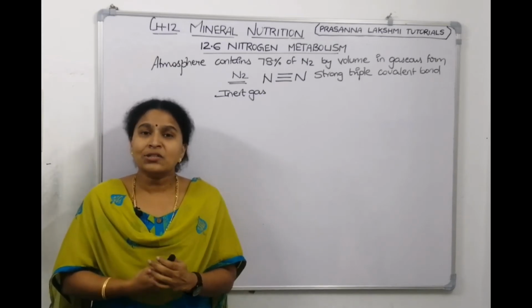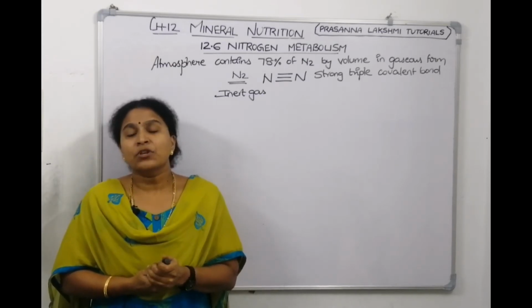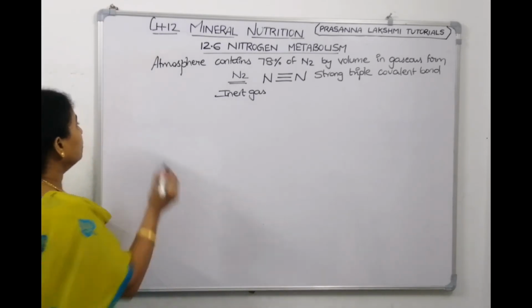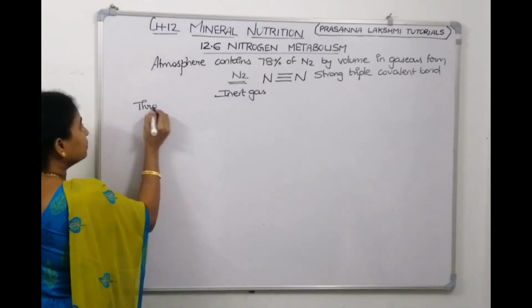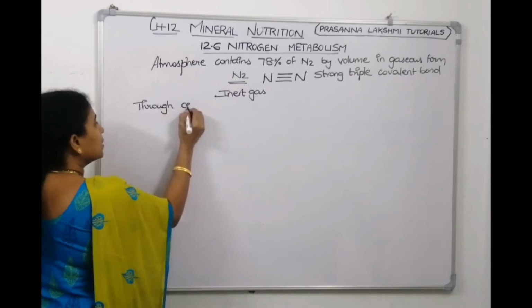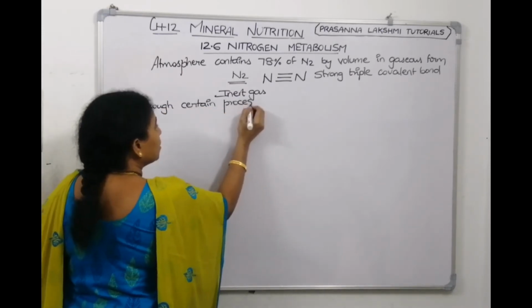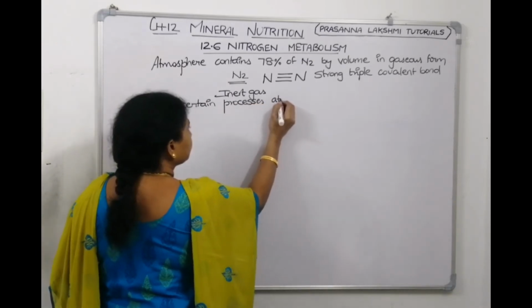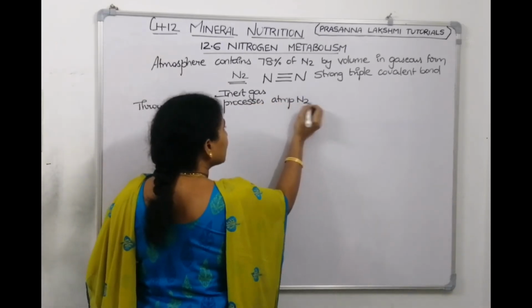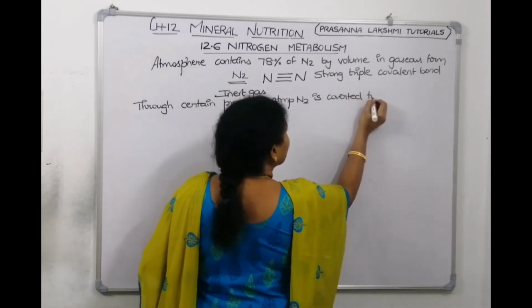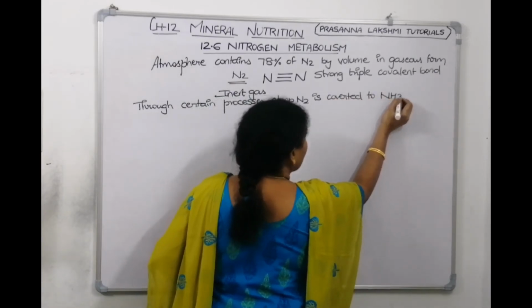Okay. So let us talk about certain processes which will convert N2 to ammonia. Through certain processes, atmospheric nitrogen is converted to ammonia.